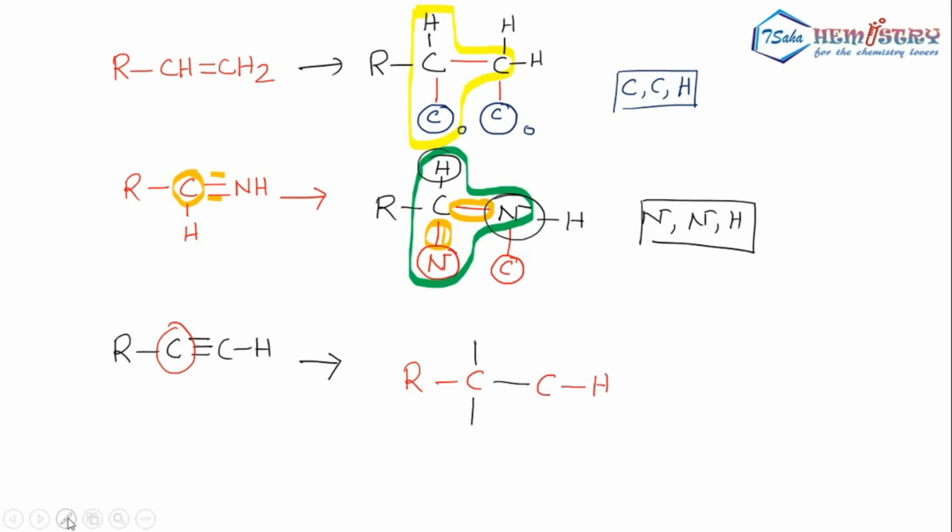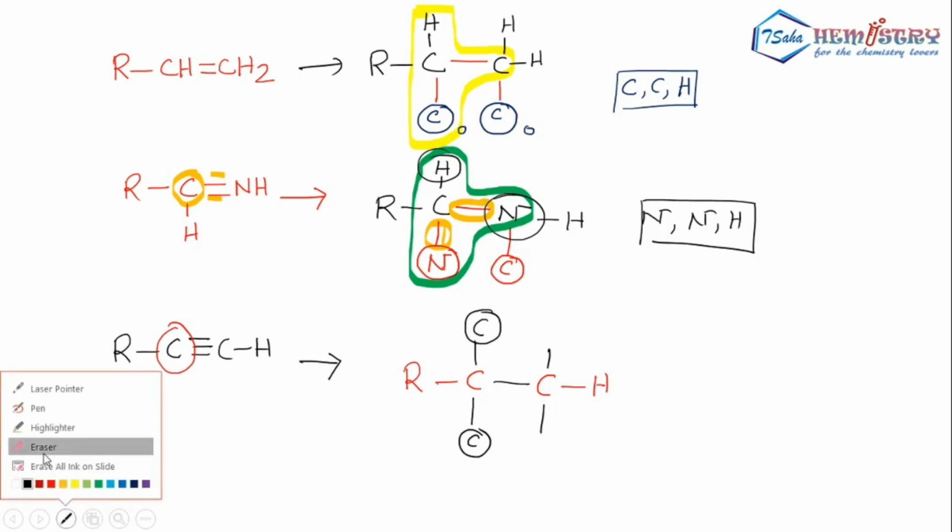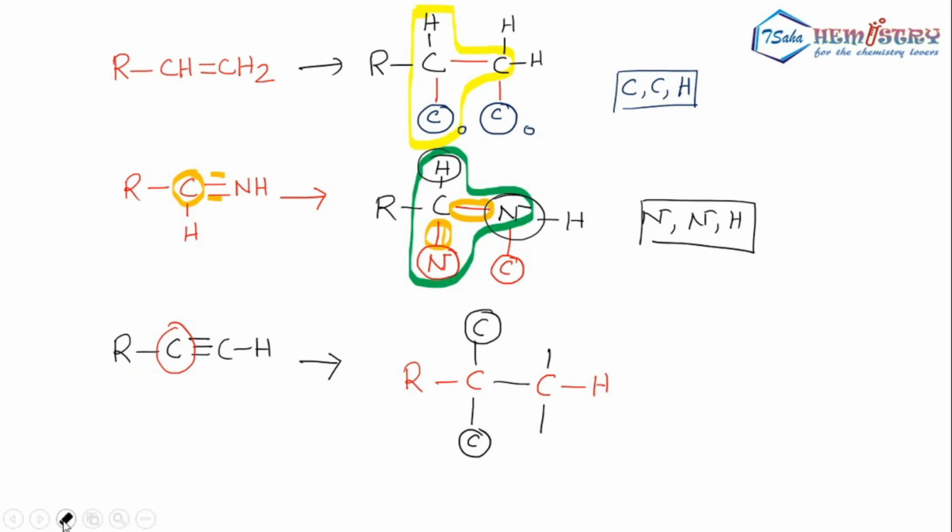Now we again have to put the new bonds, so new bonds like C. So we put C over here, and C over here. This particular carbon can make 3 bonds, 1, 2 and 3, with this other carbon.